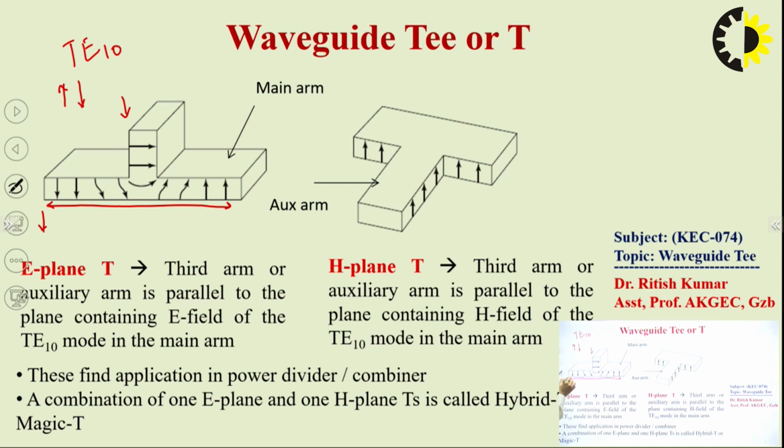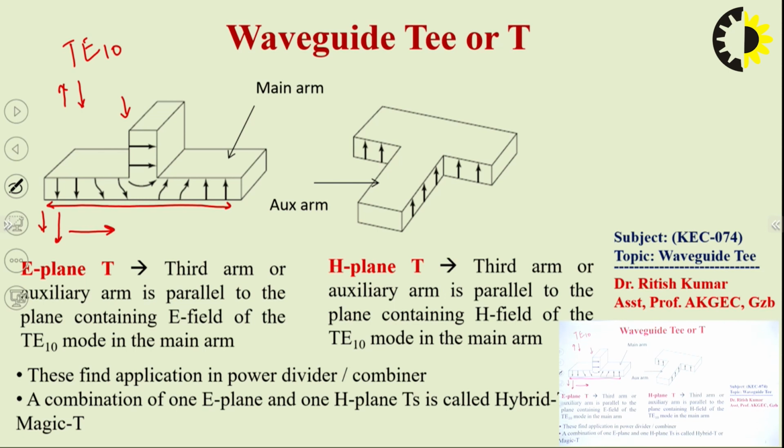As we know the field is directed downward, that's why this plane is known as the E-plane, and the plane perpendicular to it is the H-plane. This arm is parallel to the direction of the E field. So if the secondary arm, the auxiliary arm, is parallel to the direction of the E field, then this tee is known as an E-plane tee.